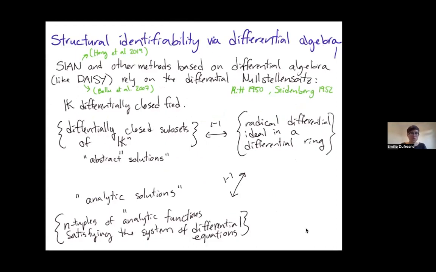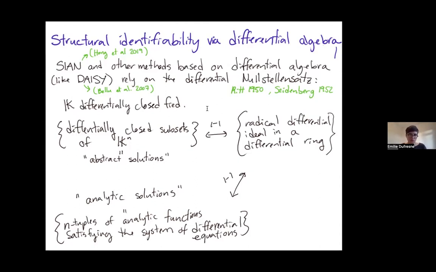The one that we use, SIAN, is by Hong et al. in 2019, and the older method, usually called DAISY, is by Bellu et al. in 2017. Both these methods are different, but they rely on the same result, the differential Nullstellensatz.